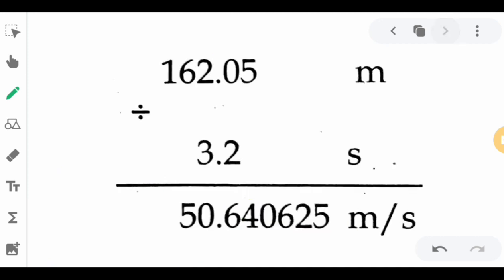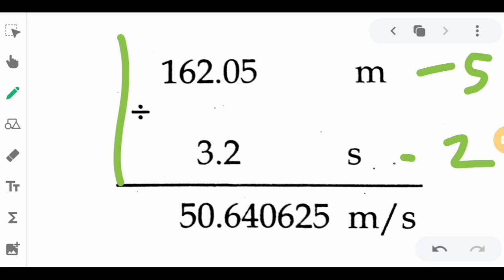So I have here 162.05 divided by 3.2. 162.05 has 5 significant figures and 3.2 has 2 significant figures. So dividing that, you will have 50.640625 meters per second.